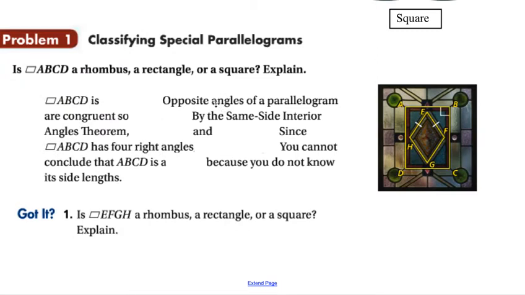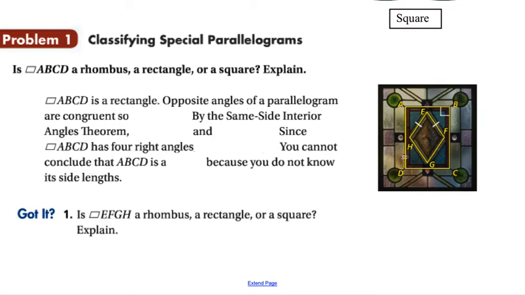So here's a problem, and it says, assume that we have a parallelogram. Remember, this little rectangle symbol here means parallelogram. ABCD is a parallelogram. Is it a rhombus, a rectangle, or a square, and how do you know? Well, if we look at the picture of ABCD, we are given that angle B is a right angle, so we know it's a rectangle.